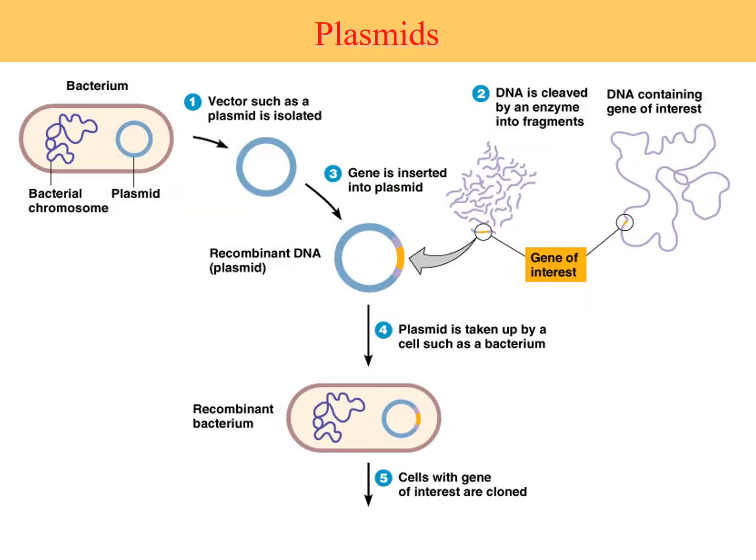So here we see a simple example of transfer of genes using plasmids. Plasmids are used for transfer of genes from one bacteria to the next, but now there are more sophisticated vectors that allow us to transfer genes from a eukaryotic cell into another eukaryotic cell. But this is the first type that was used and is still used, and I'll just go through this.